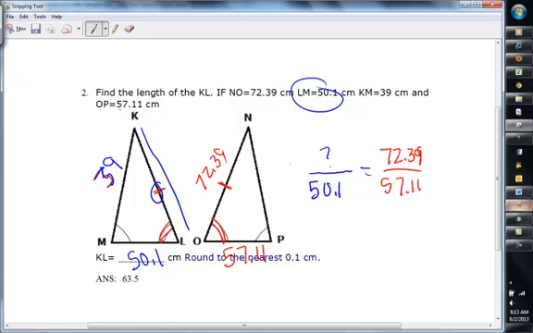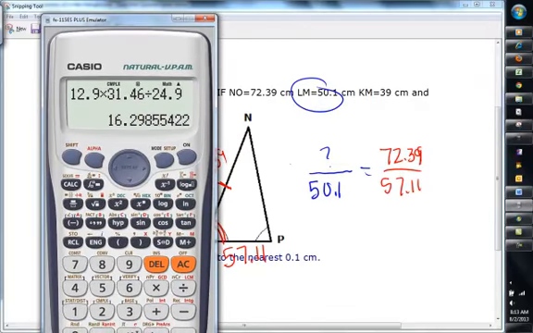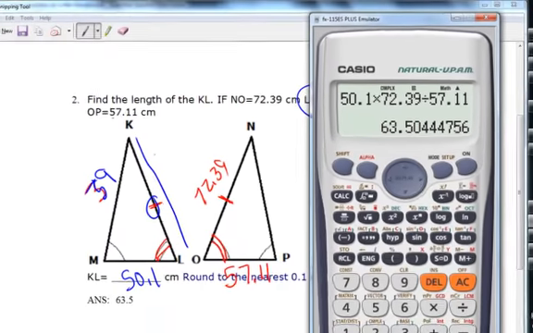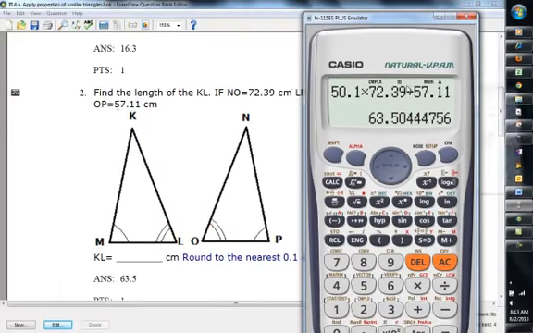So when we cross multiply here, we get 50.1 times 72.39 divided by 57.11, and we get 63.5, which is what we're supposed to round to. Okay, next one.